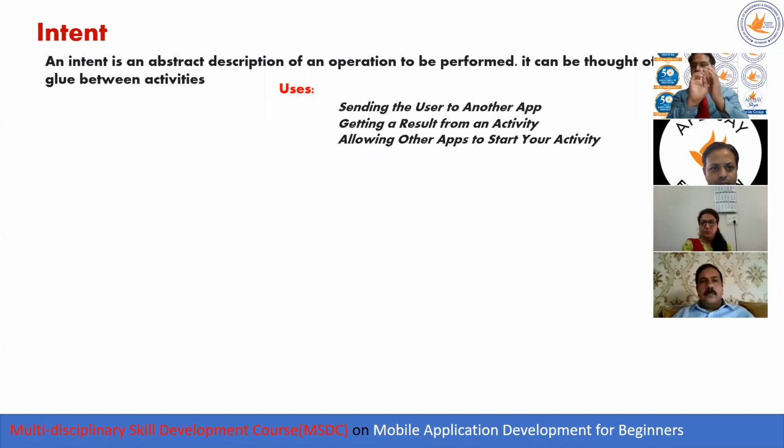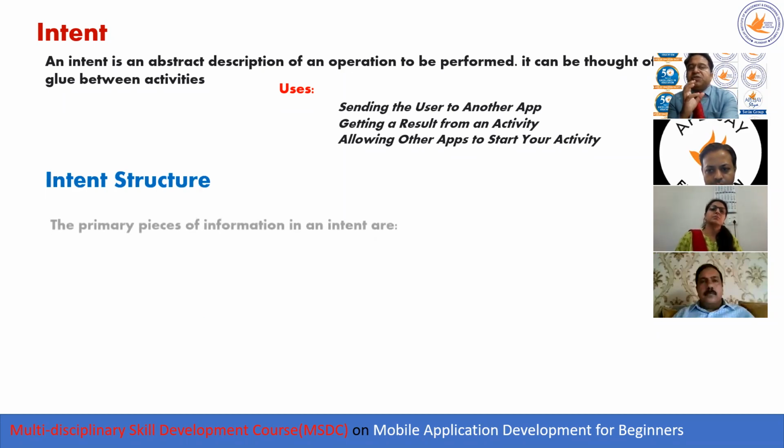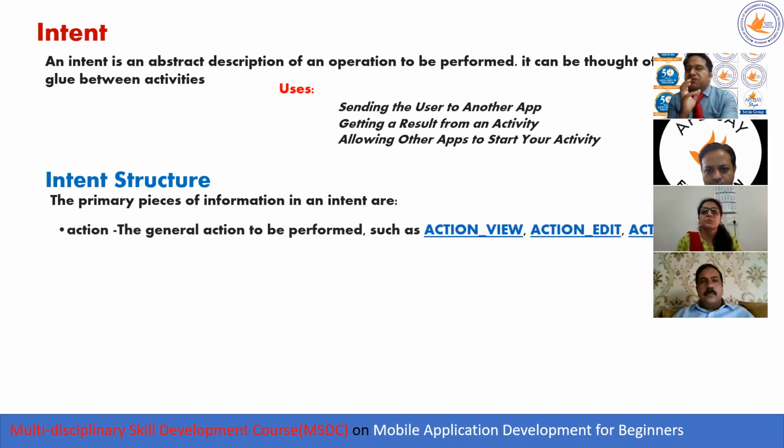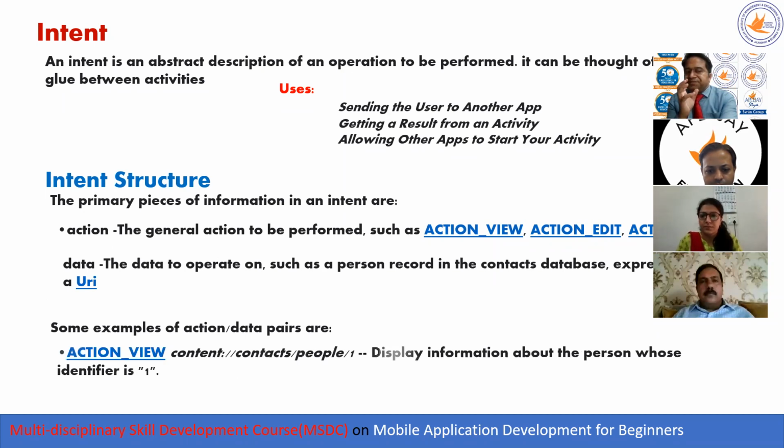Another example: you are on the Amazon page and you click on pay, and the moment you click, you are redirected to the payment gateway. It means in Android, when you want to switch from one application to another application, you need an intent. When you want to open an application within the same page, again you need an intent. So in Android, we implement this concept through intent. This is one of the important features in Android.